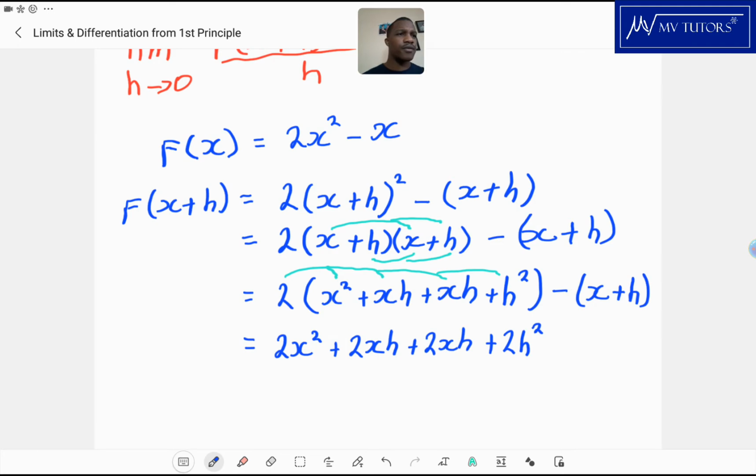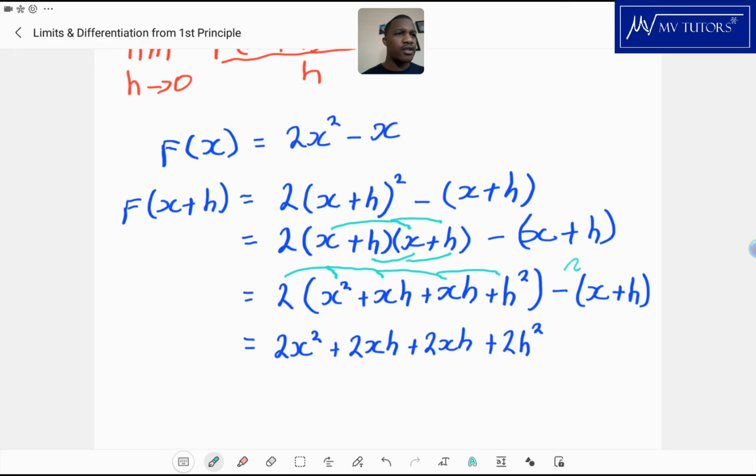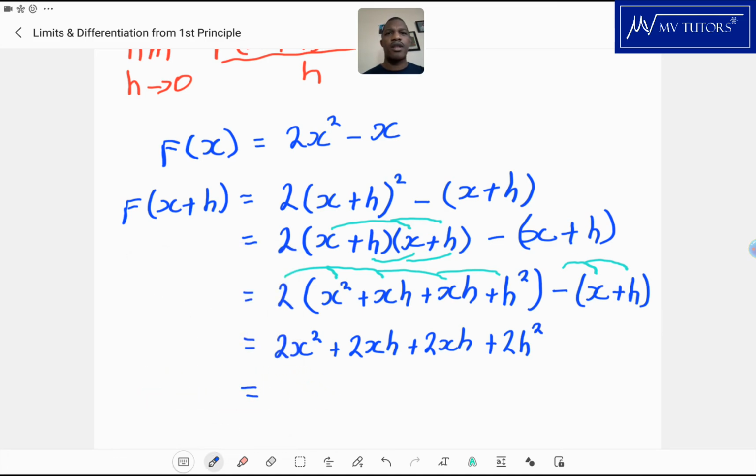Now this one, we do the same thing. Whenever you have brackets, don't forget the signs. It's going to be minus 1 times each one of them. A lot of people get stuck there, or rather they make the mistake of forgetting this sign. So here it's minus 1 times x, which is minus x, and then minus 1 times h, which is minus h. Let's combine things.